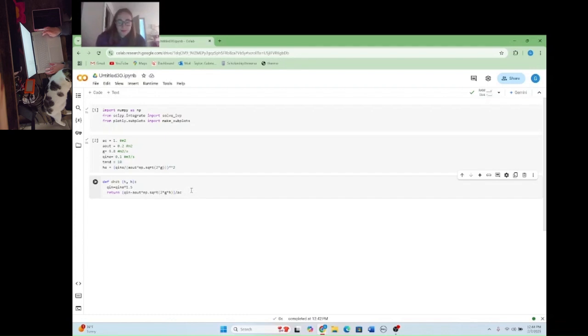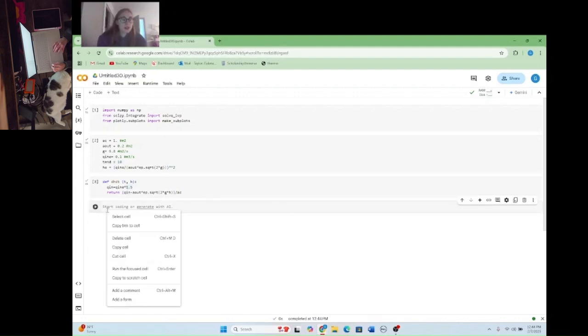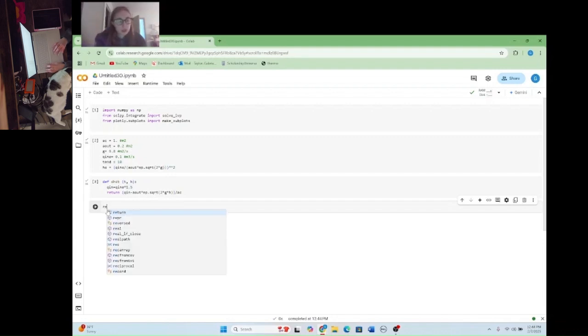Okay, that's what we had. So then shift enter. After that, we're going to do our result. Our result equals our MP line space.